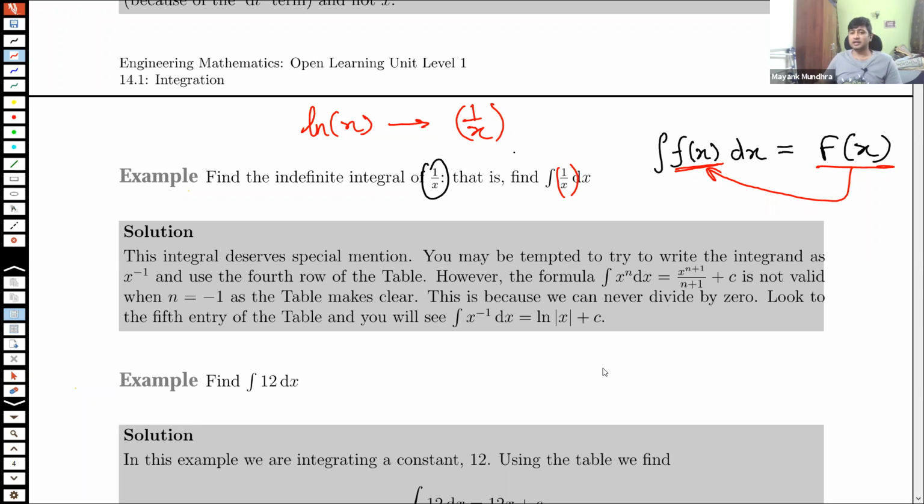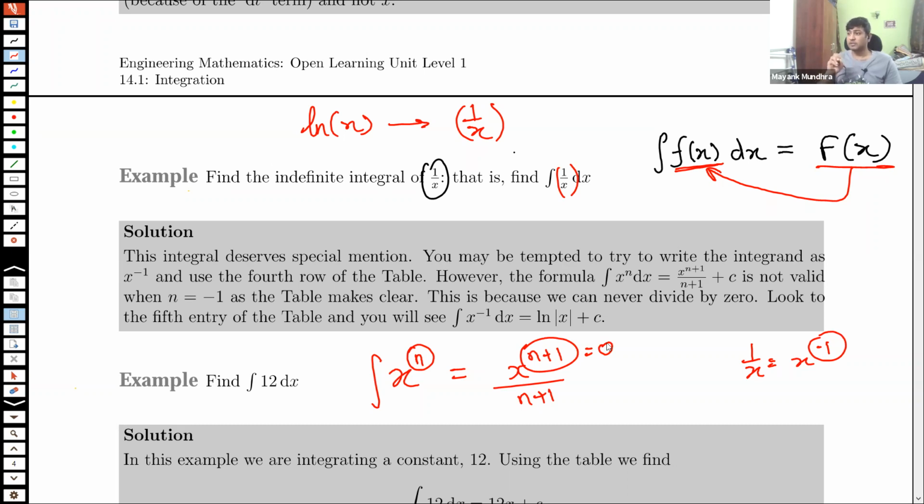This cannot be done in the way of the integration of x to power n. The integration of x to power n was x to power n plus 1 upon n plus 1. I cannot work in this manner because 1 by x is basically x to power minus 1, so my n becomes minus 1, and this n plus 1 will become equal to 0.